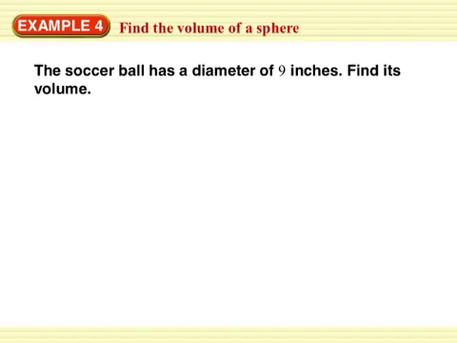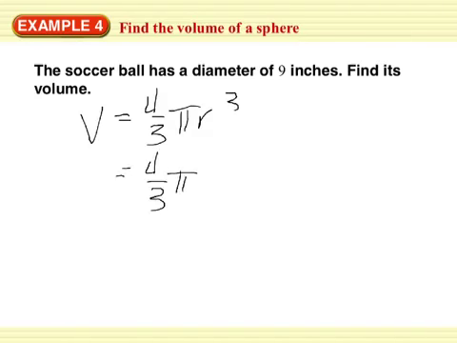A soccer ball has a diameter of 9 inches. Find its volume. Volume equals 4/3 pi r cubed. The radius is 9 divided by 2, which is 4.5.